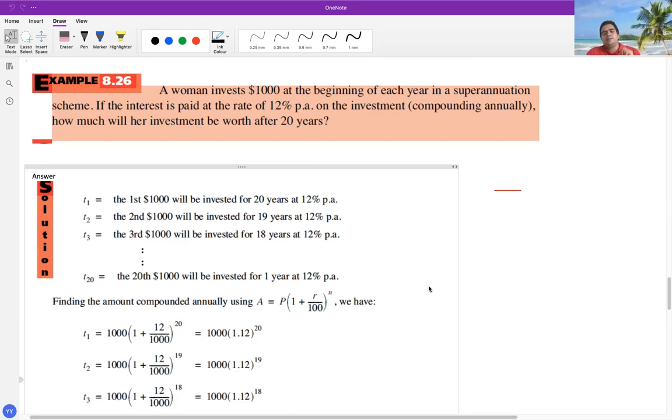When you're talking about continuous deposits, these kinds of questions are referred to as superannuation. You'll not find this keyword in the guide, but this is one of the kinds of questions more or less applied on sequences, compound interest format, but with multiple deposits.